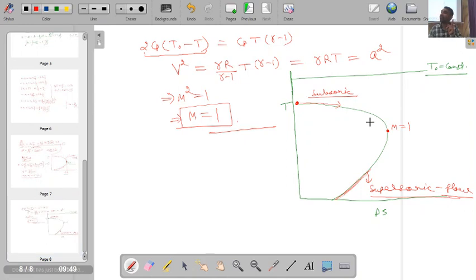In case of a subsonic flow involving friction, the Mach number of the flow increases, and ultimately it has to limit to the sonic condition. It cannot go beyond the sonic condition.